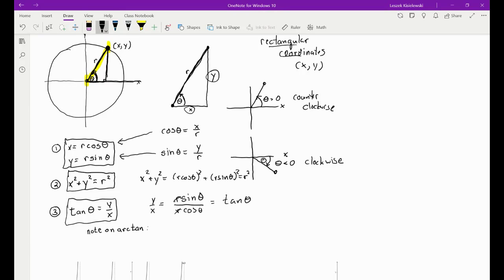Now, the question is, if we know that tangent of theta is y divided by x, can we then conclude that theta is the inverse tangent, let's say arctangent, of y over x? Well, this is actually not true in general.